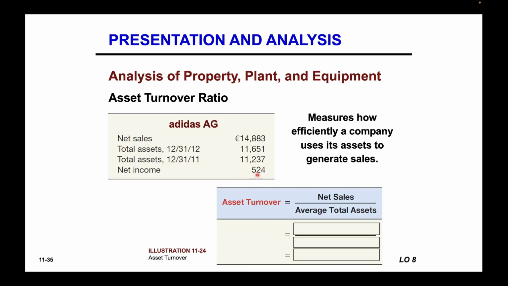To calculate the asset turnover ratio, we use this formula: asset turnover equals net sales divided by average total assets.